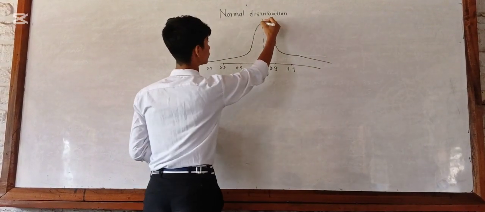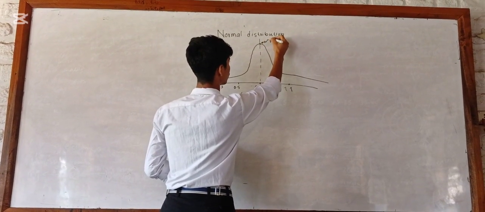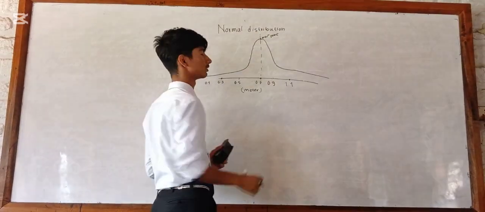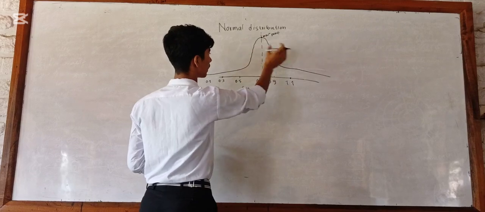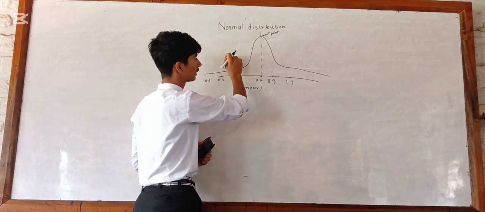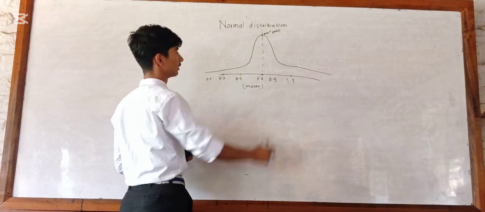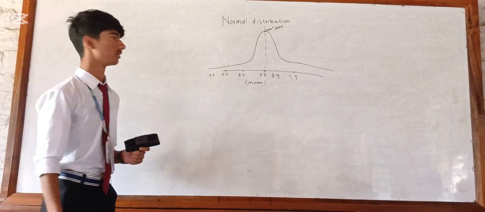And this is the maximum point. And this line is called the line of symmetry. Here we can see that the line of symmetry divides both sides equally. This is the negative side and this is the positive side. Both negative and positive sides are equal. So in this normal distribution, the coefficient of skewness is always 0.